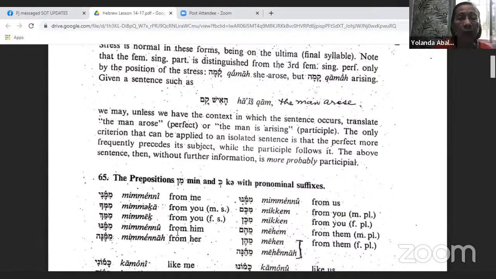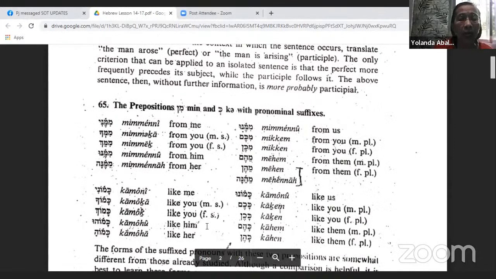So nakita nyo, you can use mehen, mehenna. And then, pangalawa po natin ay ang preposition ka. Importante, sabi ko sa inyo, pinakamaraming pinag-aralan ninyo ay ang preposition at ang suffixes. Okay. Ang salitang ka, such as kamoni, it is like me. Kamonu, like us.